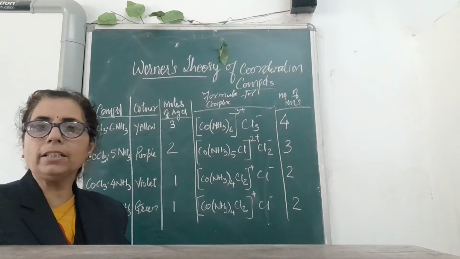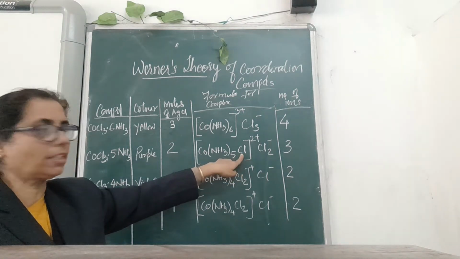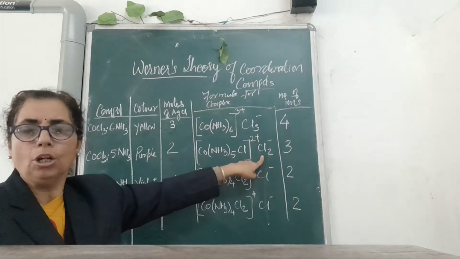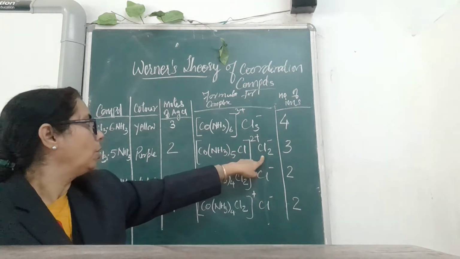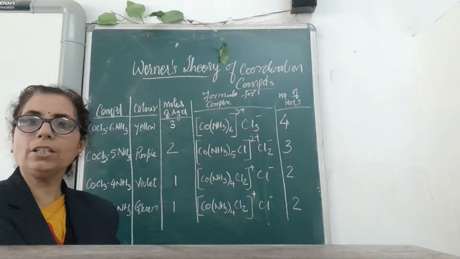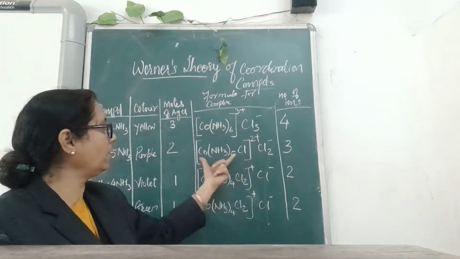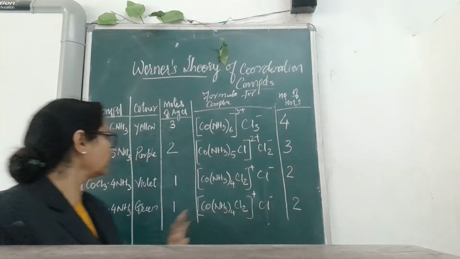It has entered into the complex sphere. Now you can see the complex sphere which has been formed. Only 2 chloride ions were available for silver nitrate to precipitate as silver chloride. So now you will see how many ions there are: 2 chloride ions here and 1 complex ion. The total is 3 ions.